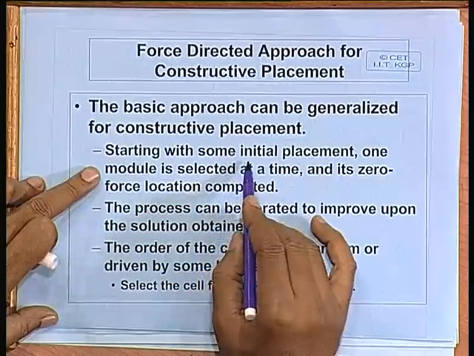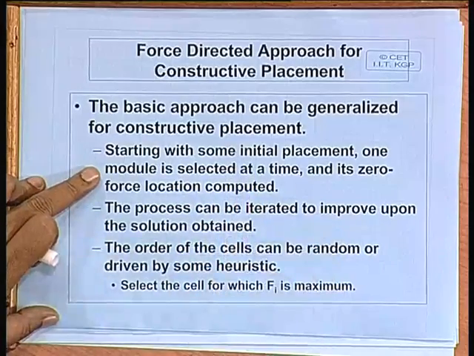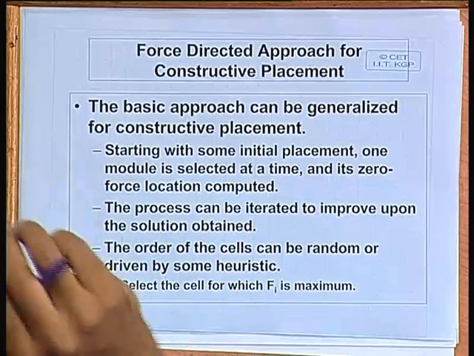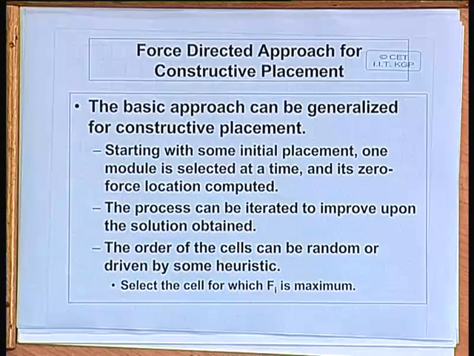You can basically start with the fixed blocks. You take one of the modules at a time, try to find out the zero force location, put it in, take the next one, put it in. In this way you build it up, and then you can iterate a few more times to improve upon the overall thing.